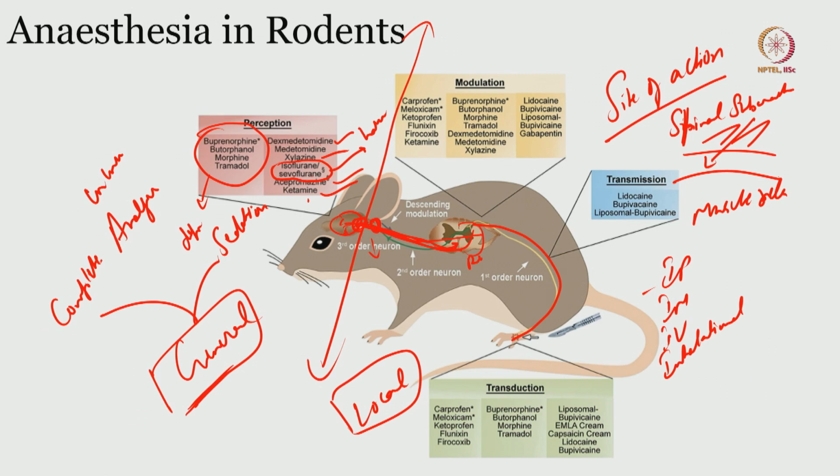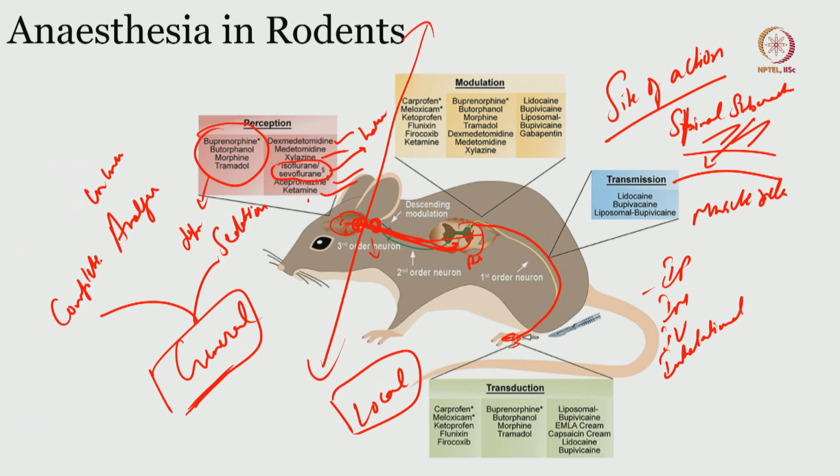Alright, so if it is acting on the first order neuron or second order neuron, you can use the spinal cord and the spinal subarachnoid space to numb the limbs, but still the animal will be conscious. Alright, and if you want to give a local infiltration, that will act by transduction, wherein the local nerve endings are anesthetized, and then you can operate only in those areas where the anesthesia has been infiltrated.